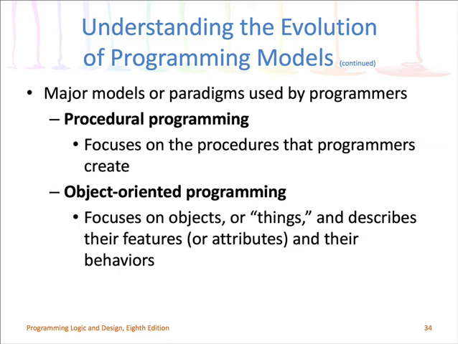Object-oriented programming we will discuss a little later in the semester, but basically instead of thinking about the steps that are needed to accomplish a task, you think about things or objects. You might have an object called a person. That person object will have an age. It may have a home address, a social security number, a pay rate. And then you have instances of the objects. Each instance of an object would represent one person.